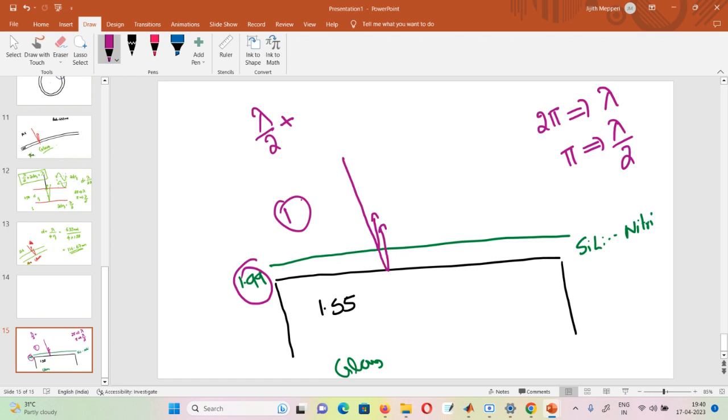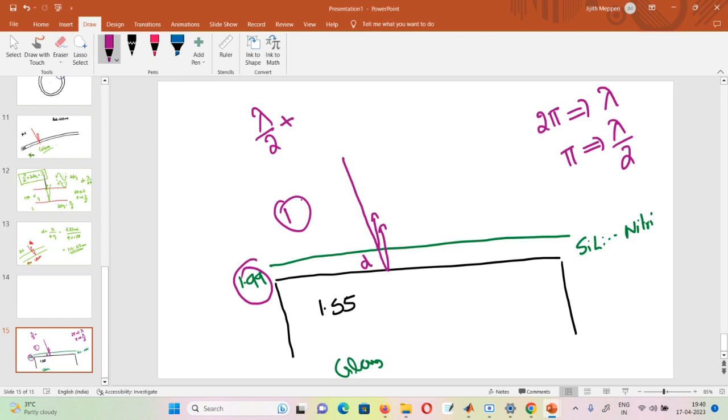what are the path differences happening here? Now you see, there will be the thickness of the silicon nitride, I am taking it as d. It will pass through once and come back.